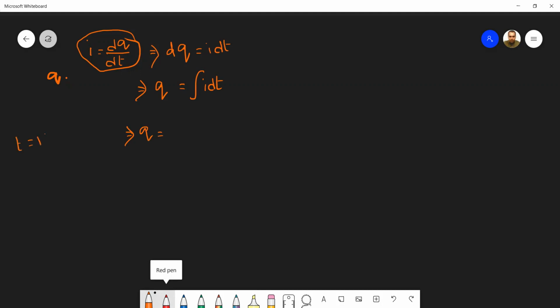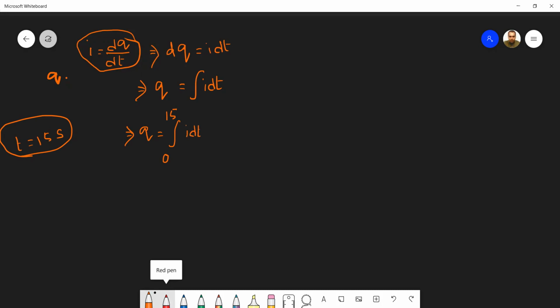In 15 seconds, what would be the charge through the wire? It can be calculated if we integrate I dt from 0 to 15, for time equal to 0 to 15 seconds.